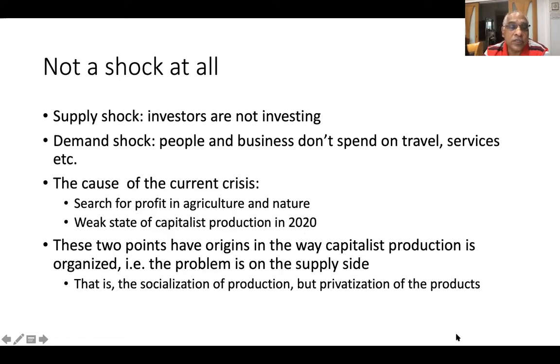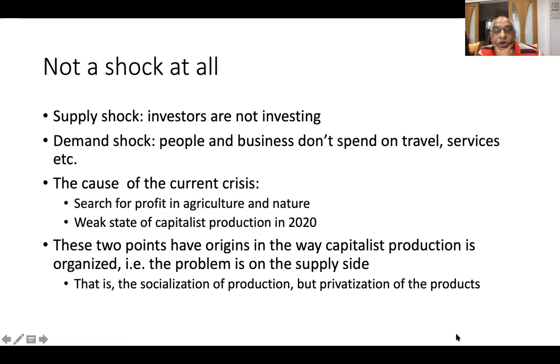Now, supply shockers say investors are not investing. Demand shock, the Keynesians will say people and businesses don't spend on travel, services, etc. So the demand shock is causing the shrinkage of the economy. Now, from what we discussed, we can see that the cause of the current crisis for the UK economy has been the search for profit in agriculture and nature, which has resulted in this COVID, and the weak state of capitalist production in 2020.